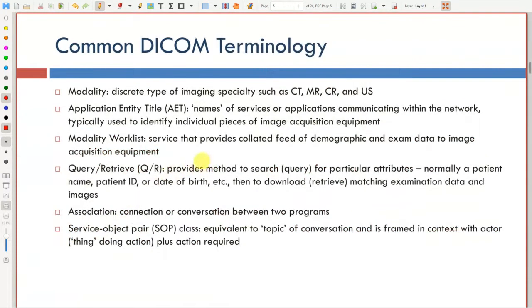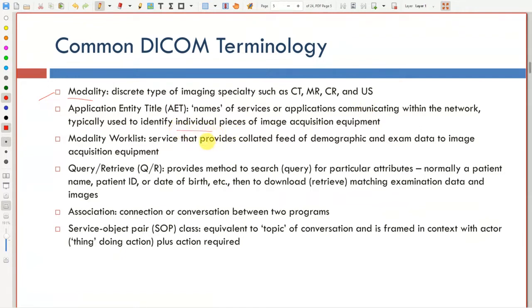You also have certain terminology that people use in the DICOM format, like for example, the modality. It means the discrete type of imaging specialty like CT, MRI, ultrasound, whatever. There's something called the application entity title, which is basically the names of the services or applications communicating within a network, typically used to identify individual pieces of image acquisition equipment.